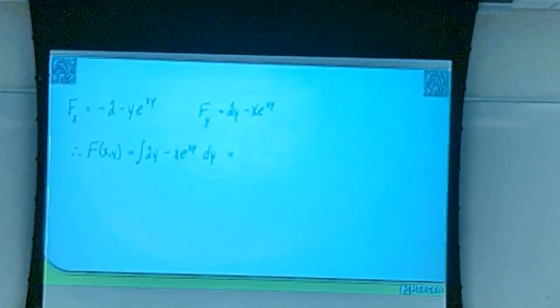What is that antiderivative? I'll do the hard one for you. You're welcome.